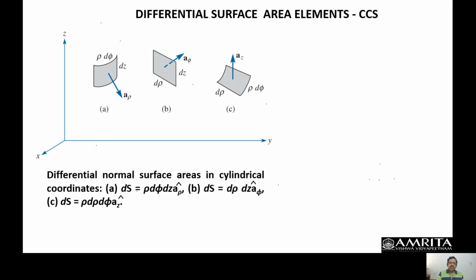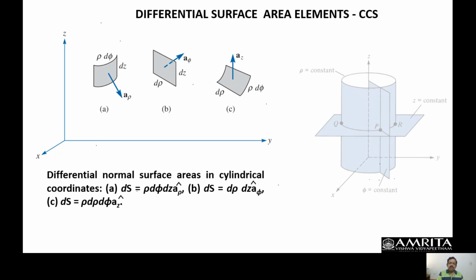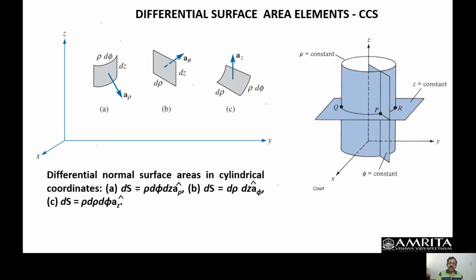And how do I again visualize the three constant planes which I talked about in the rectangular coordinate system? Similarly, I can have the rho plane, z plane, and phi plane, which are shown shaded. Here, when I take the circular cross section, z is constant, and then I will get this plane, the z constant plane.